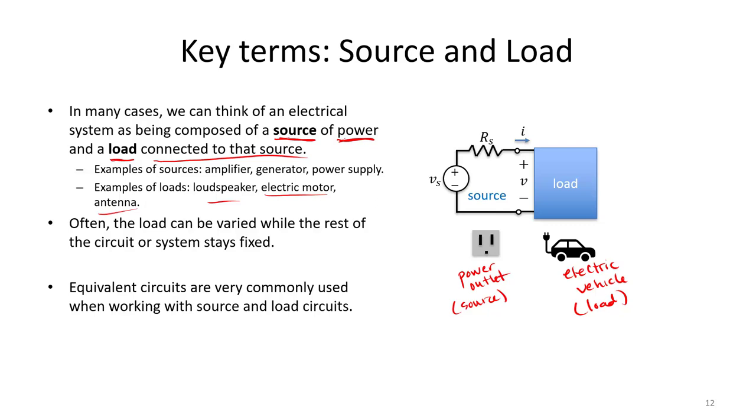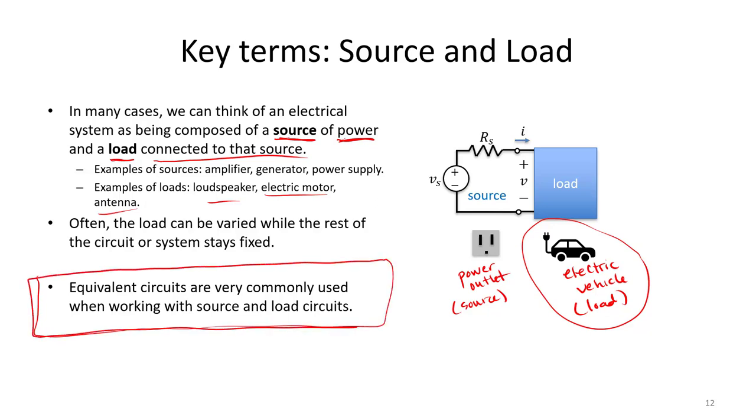So the load of your circuit may vary while the source stays fixed. And the reason we mention source and load here is because when we start talking more about Thevenin and Norton and equivalent circuits, sources and loads commonly come up when we work with equivalent circuits.